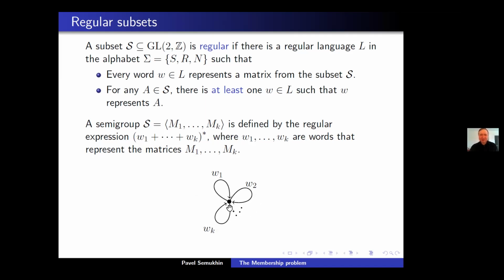This automaton has one initial and one final state in the middle here. And then for every W, we have a path from this state back to itself with label W. It's easy to see that this language describes this semigroup S in the sense I stated above. And obviously, this language is regular.